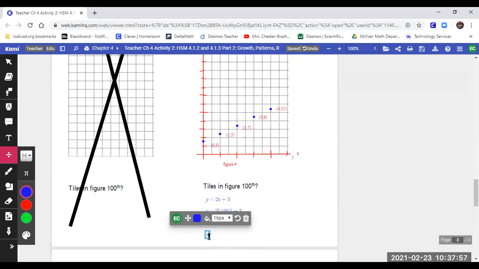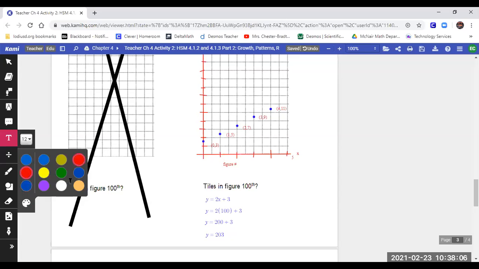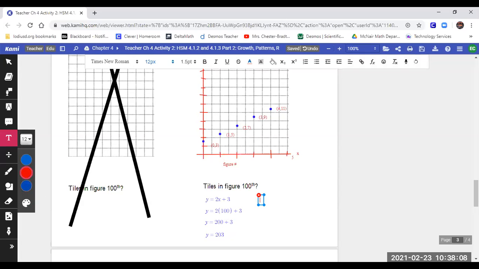If we connect the points with a line, what does that mean is true?